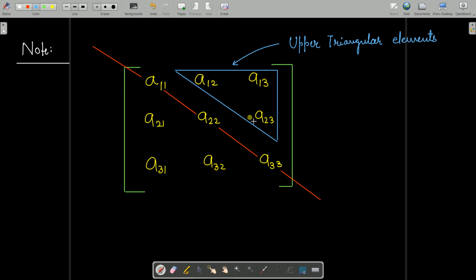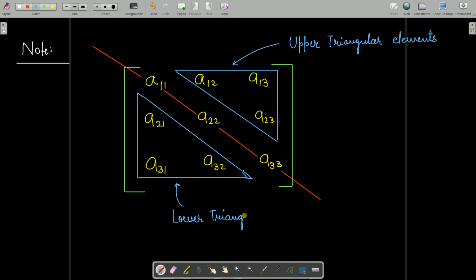So all the elements present in this upper triangle are called the upper triangular elements. Similarly, all the elements present in this lower triangle are called the lower triangular elements.